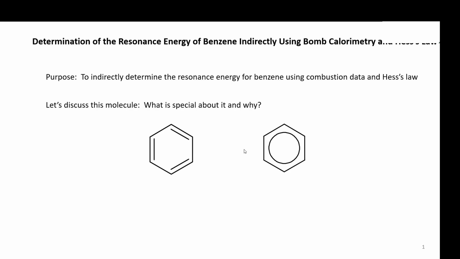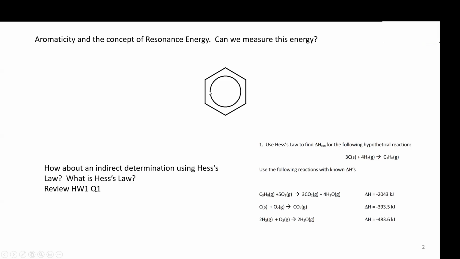As a matter of fact, that 3 conjugated double bond structure makes benzene more stable than 3 single bonds. The stability we gain from conjugated double bonds, the energy we get, is called the resonance energy.